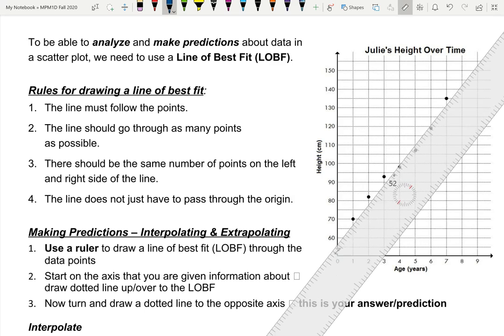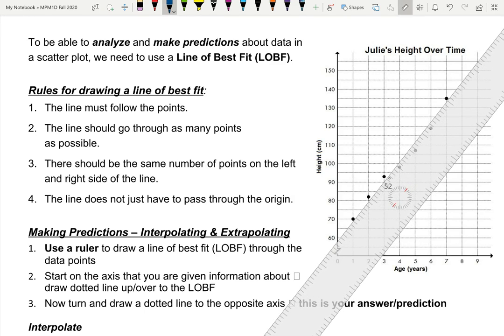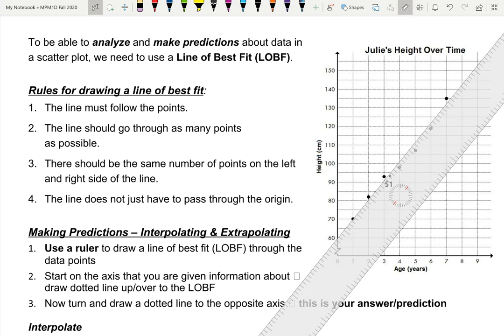So my line, I'm going to try to maybe go through the first and the last point, and I would have almost an even amount of points on either side of the line.